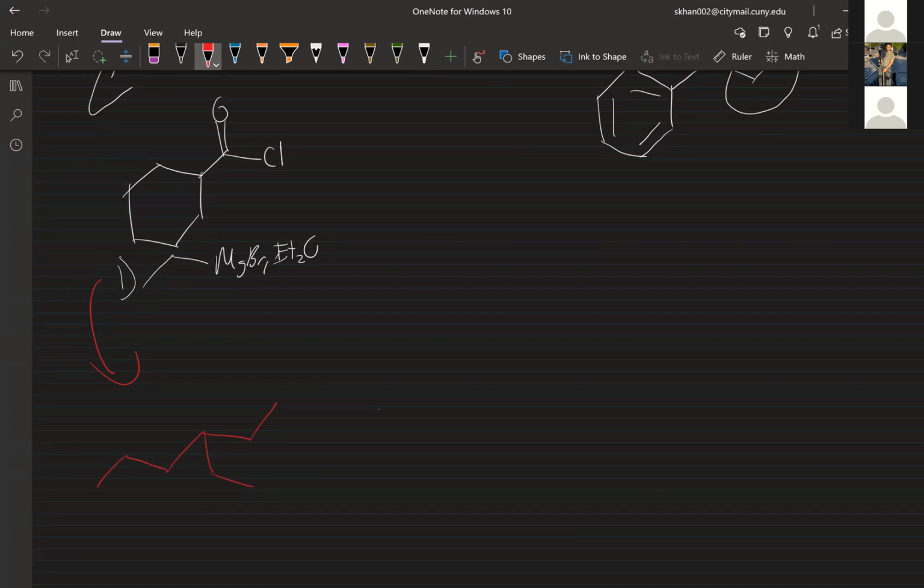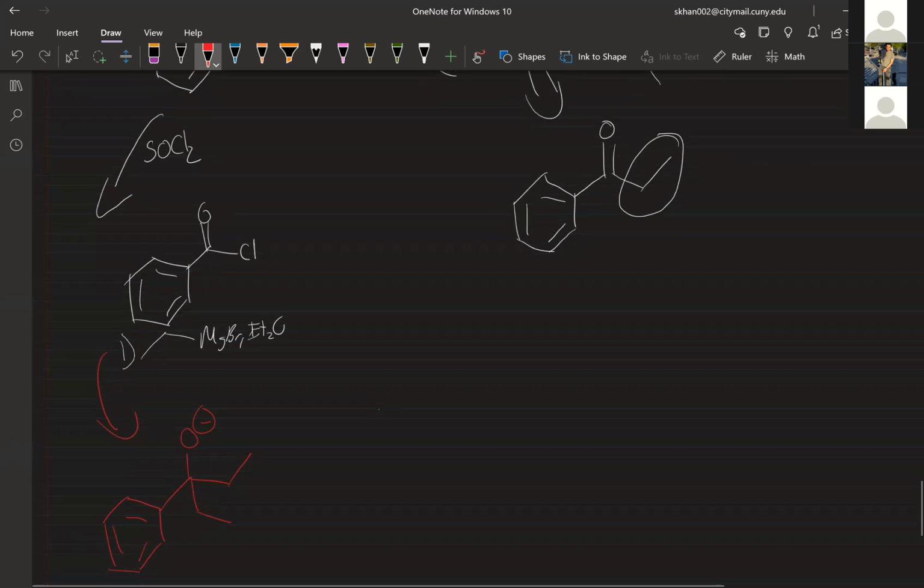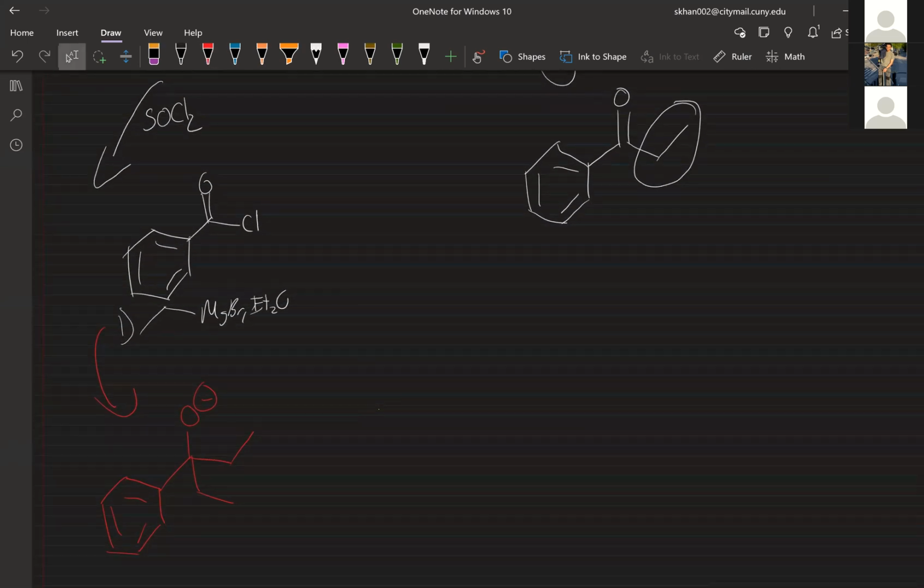I missed the bonds here. My bad, y'all. O minus, right? We wanted only one alkyl group because we're trying to get a ketone. Now here, the only thing you can go for is a tertiary alcohol, I guess technically in this case, right?